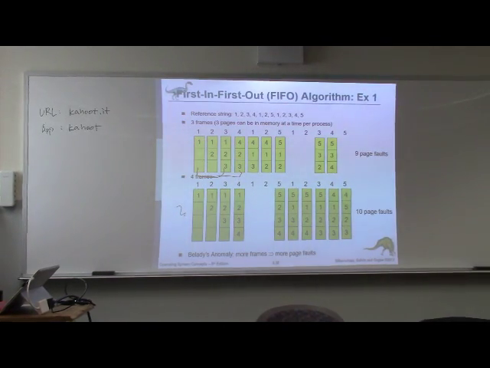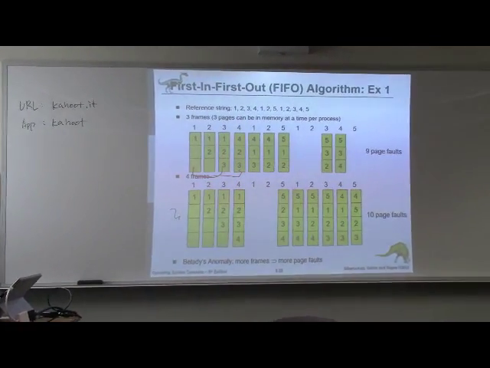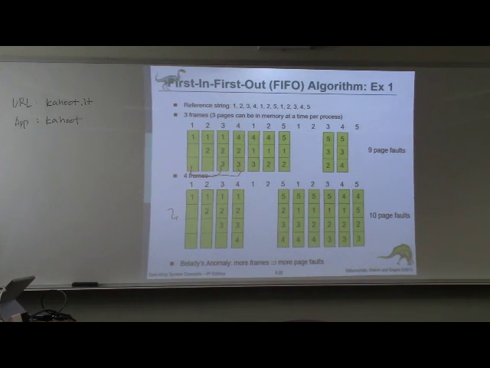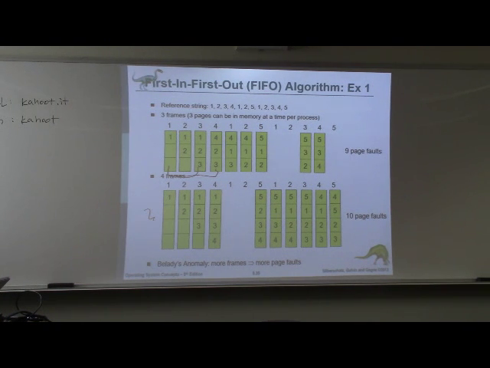The first three cause page faults. Then 4, 1, 2, 5 is not a problem. For 4, there's no 4, so we need to take a look at which one is the first one. 1 is the oldest one, so we can replace it with the new one. That causes a page fault, so page replacement, and so on.